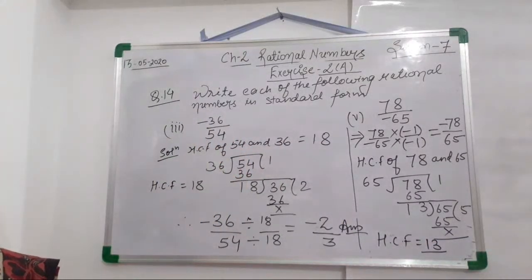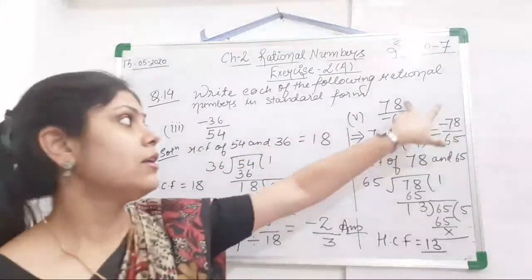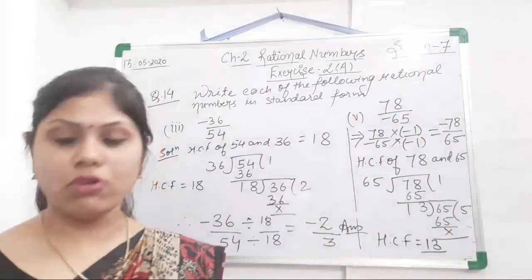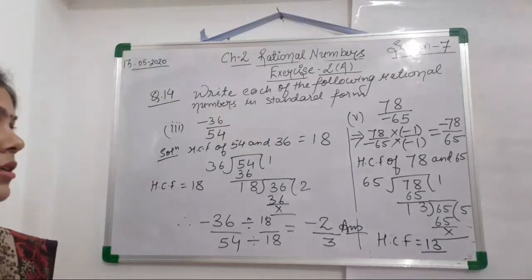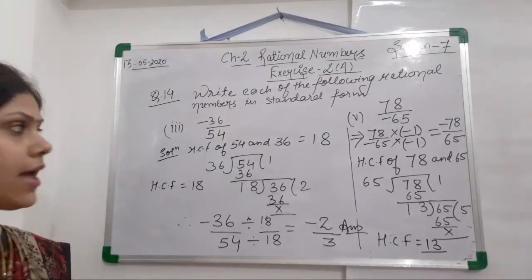Now what will you do? You will divide this minus 78 upon 65 by 13 and you will get the required answer.